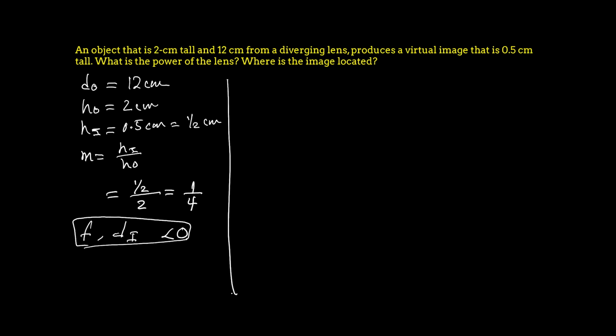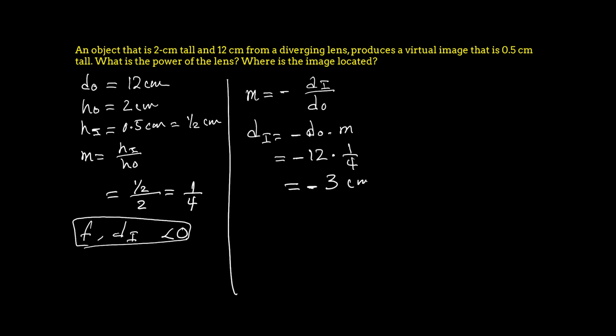Because the magnification is negative DI over DO. So DI is negative DO times M. Negative DO is 12, M is a quarter, so that's 3. And it should be -3, right? Because it's a virtual image. So we have now DI and we have DO, we can get F.